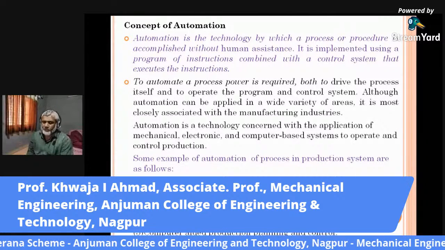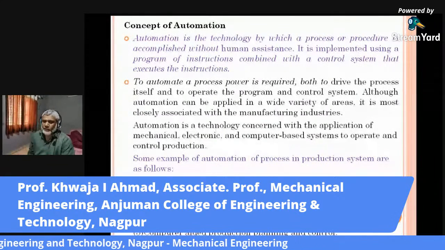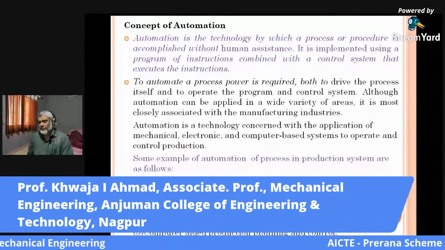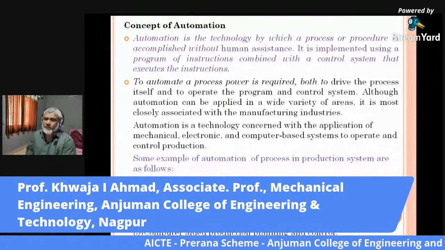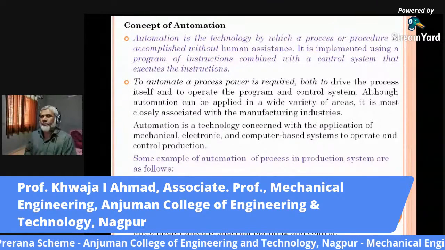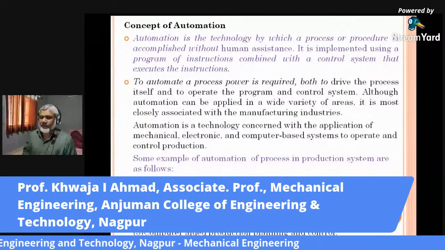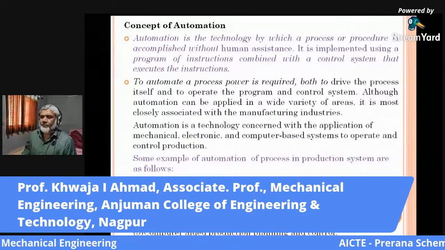We have seen production planning and control and the various functions associated with it, and those functions can be used with computer aided production planning and control. That may be of a generative type, and it may be of a variant type, so that it can give you the best results.